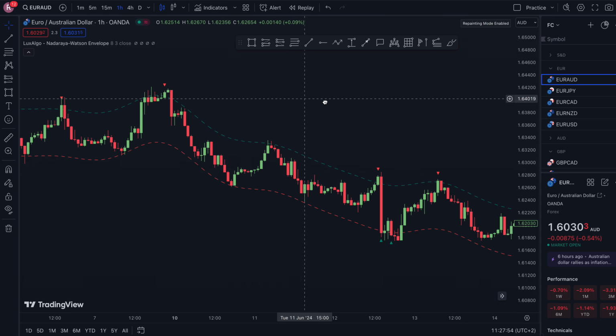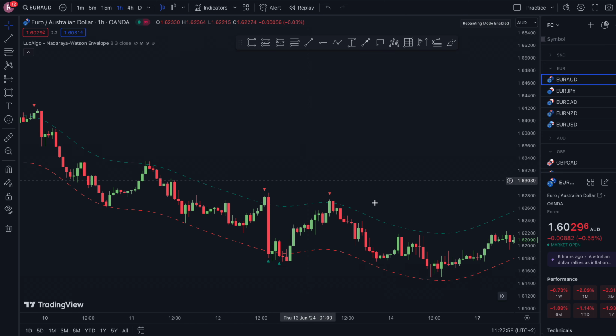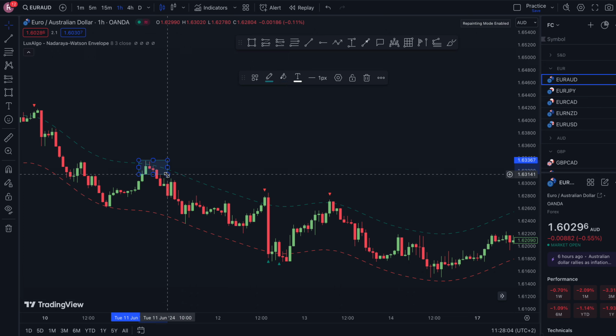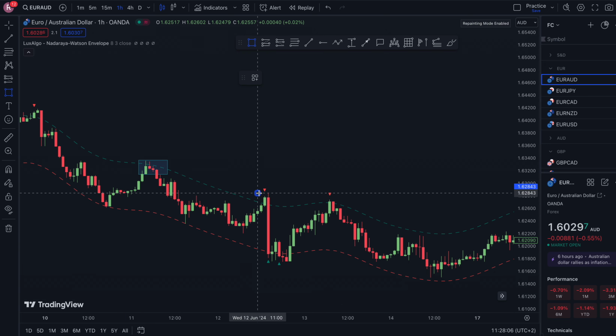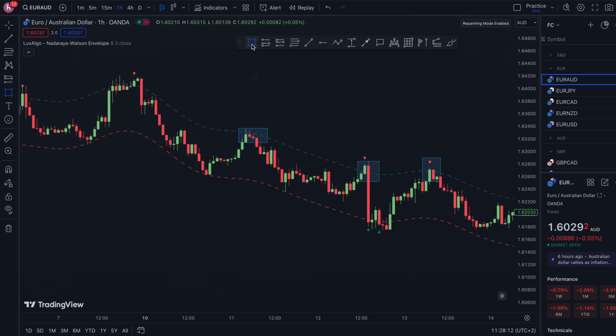To get started, you'll see that we have a downtrend, right? Now, we only take a trade when price breaks out of the band. Now, when price breaks out of the band and gives us a signal, how do we know when to get in?